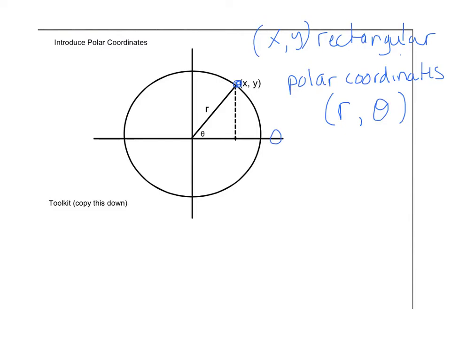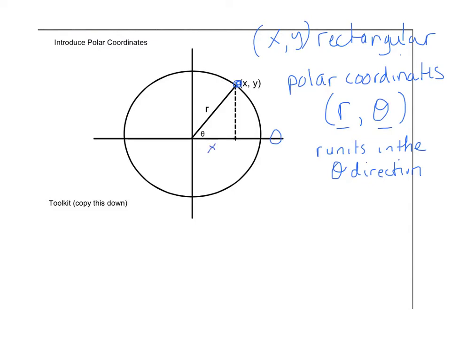So in other words, it would be going r units in the theta direction. And that's what polar coordinates are about. And doesn't that sound a little bit like a vector? Because it's true, it has magnitude and direction. Here's your magnitude, here's your direction. So polar coordinates.